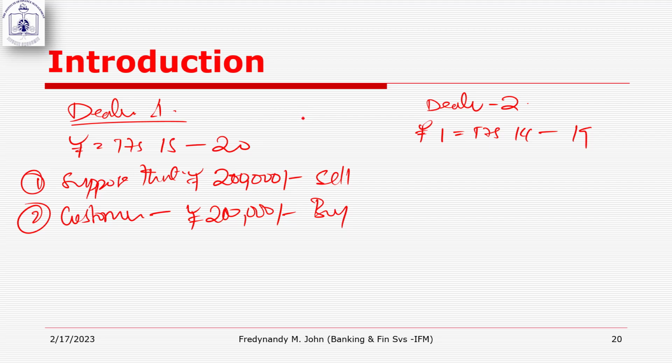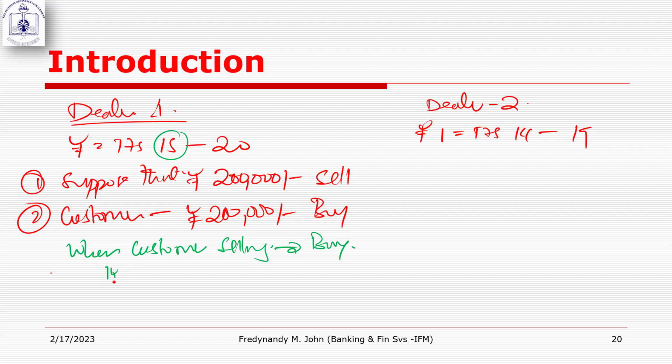It is simple. All we have to do is that, if the customer wants to sell, it means the dealer, who is the bank, will buy. So the dealer will use the buying rate, which is 15.